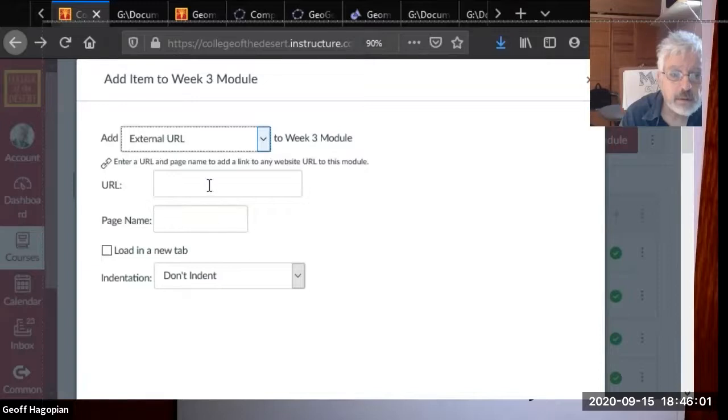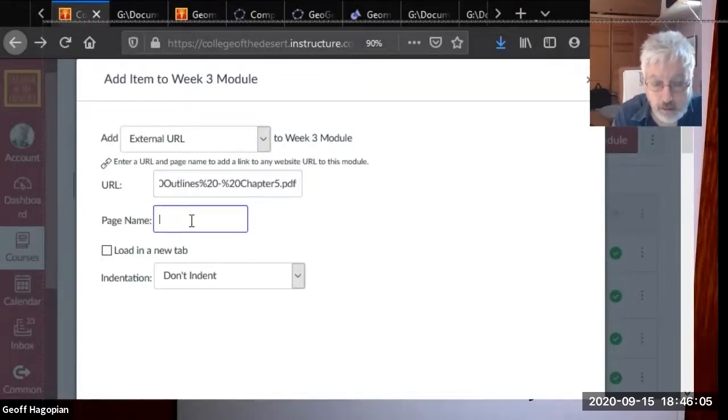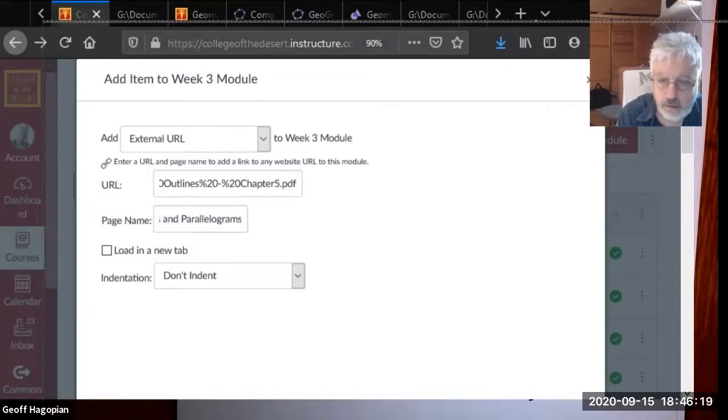So I'm going to add here an external URL. It's this thing. Page name is going to be, what is it called? Trapezoids, parallelograms. Did I miss something in the title? Medians and midpoints, yeah.